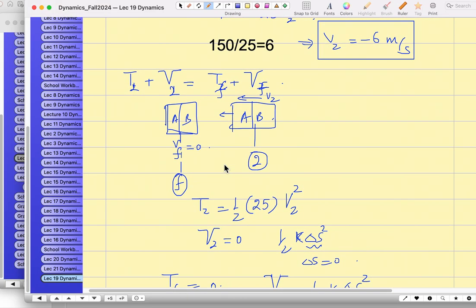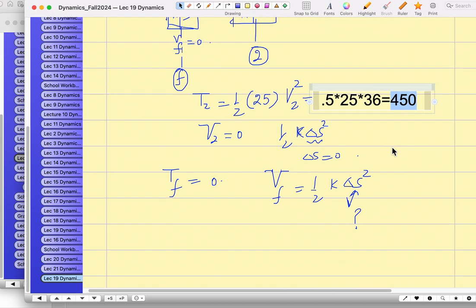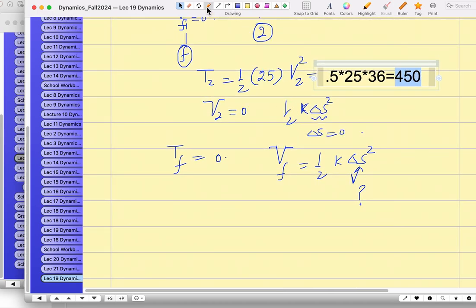Let me write down the left hand side here. What was our V2? Negative 6. If you solve for this one, you can help your professor. Let me find it out for you: 0.5 times 25 times 36 is 450 joules on the left hand side. So the left hand side is 450 joules plus 0.